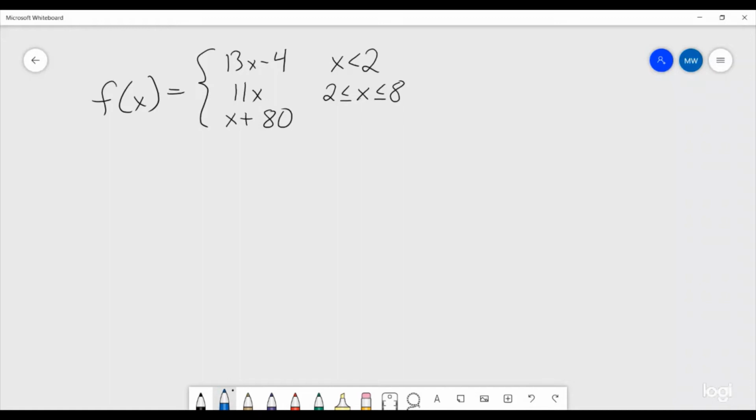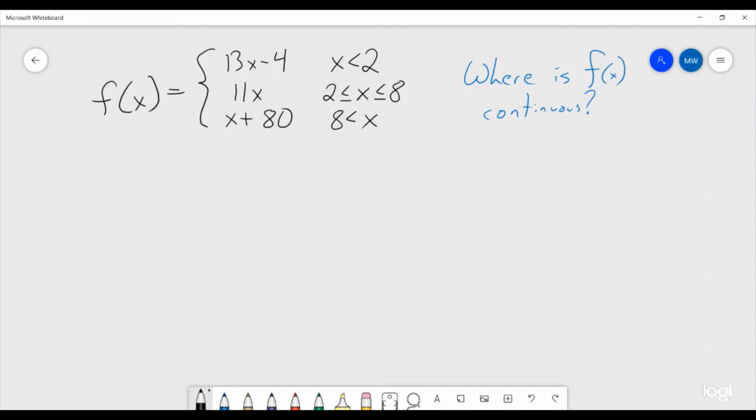We want to see, where is f of x continuous? From each of these different pieces, we know that these are going to be continuous on each piece because they're all different polynomials.